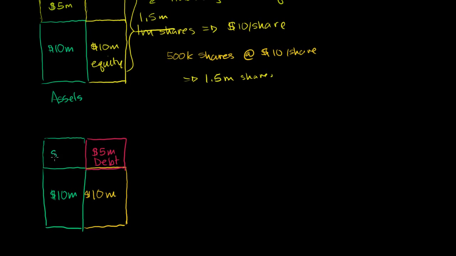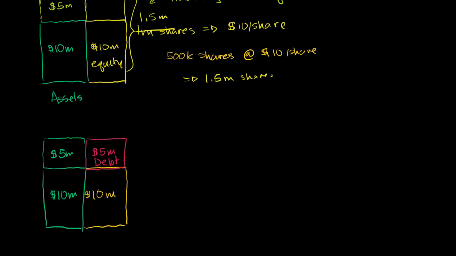So in either situation, the asset side of our balance sheet looks identical. We had our $10 million of assets, and now we have a factory. But in this first situation, I was able to raise that money by increasing the number of shareholders, by increasing the number of people that I have to split the profits of this company with. In this situation, I was able to raise the money by borrowing it.